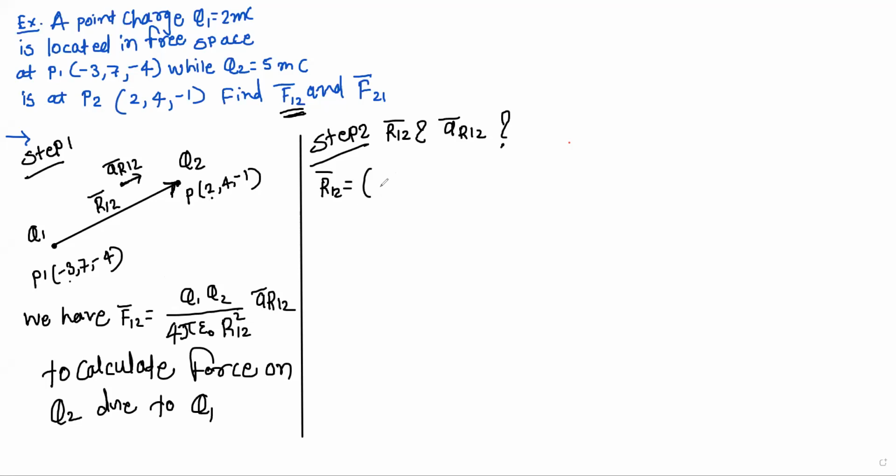So here it is 2 minus of minus 3, A bar X, plus 4 minus 7, A bar Y, plus minus 1 minus of minus 4, A bar Z. So what is the answer for this?